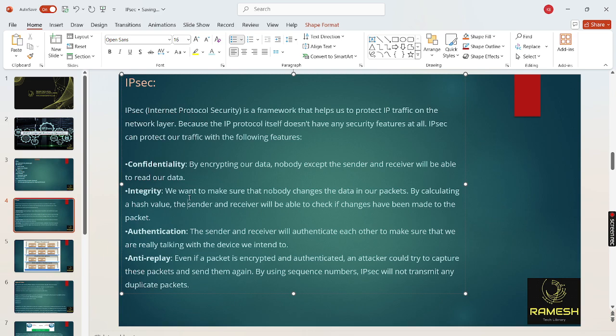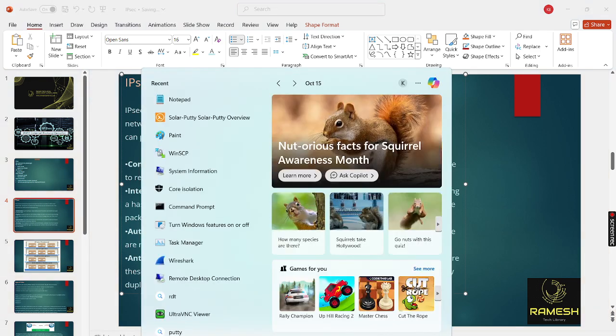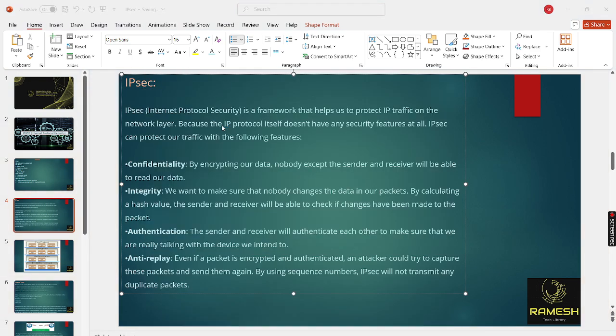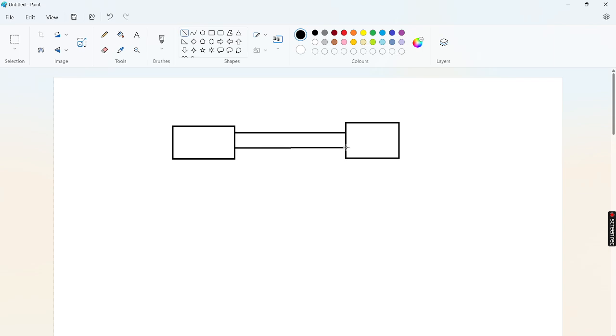If we see here, this is one peer, and this is another peer, where we have configured a tunnel. Let us consider this is an IPsec tunnel, and see how integrity works. Integrity is achieved by hash.